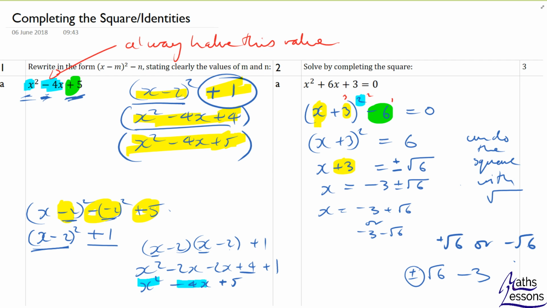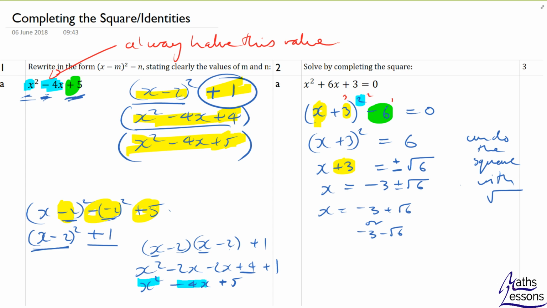If the question says work out to 3 decimal places or 2 decimal places, then you need to put these numbers into the calculator. But I'm not going to bother with that. I hope you can put -3 plus √6 into the calculator anyway. But if you don't have to write to 3 decimal places or 2 decimal places, you can leave your answer just like this.